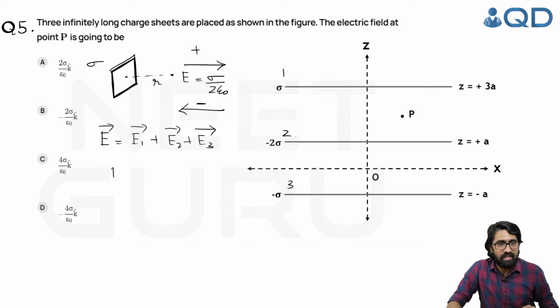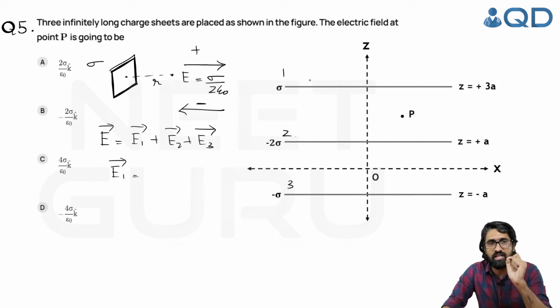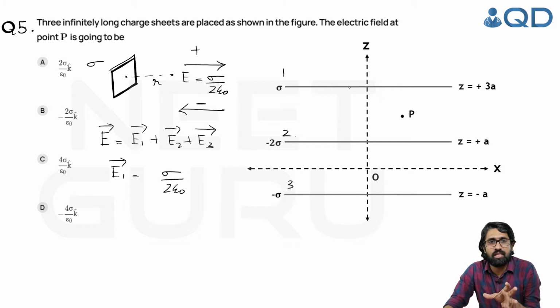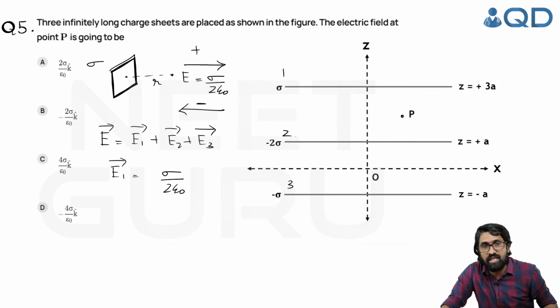So E1 vector will be the electric field at point P due to the first sheet, and that will have a value equal to sigma by 2 epsilon naught, because the surface charge density of this sheet is sigma, and you know the formula already. And the direction of that electric field will be directed away from the sheet, so it will be downwards.